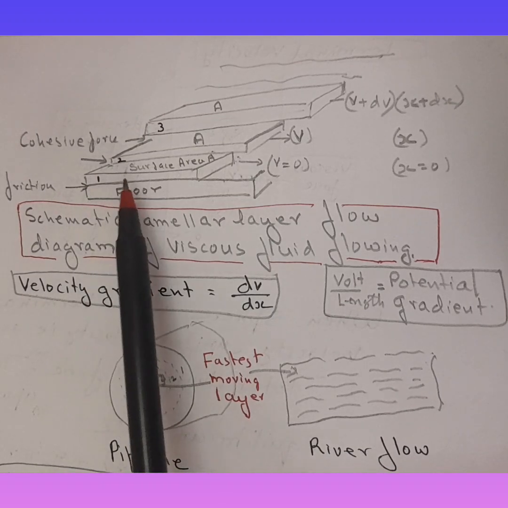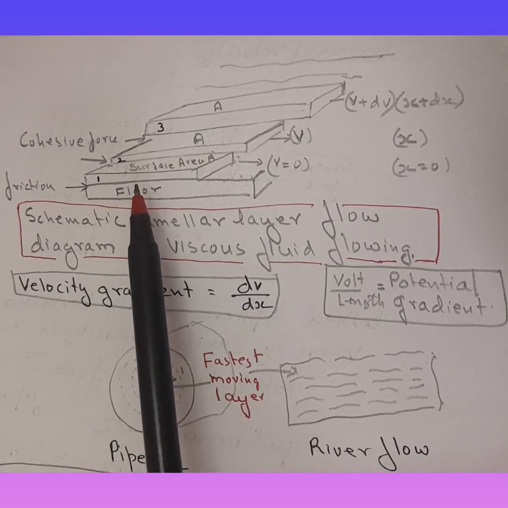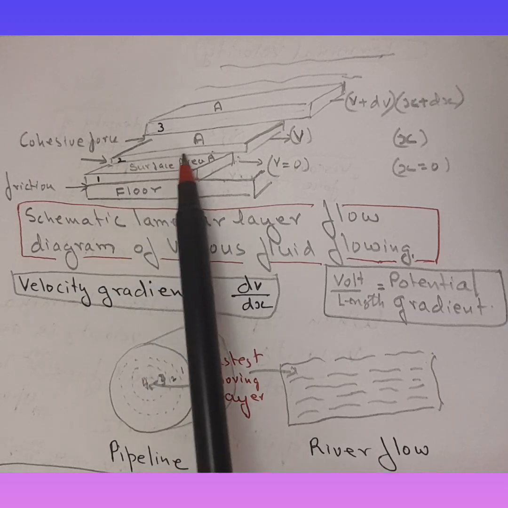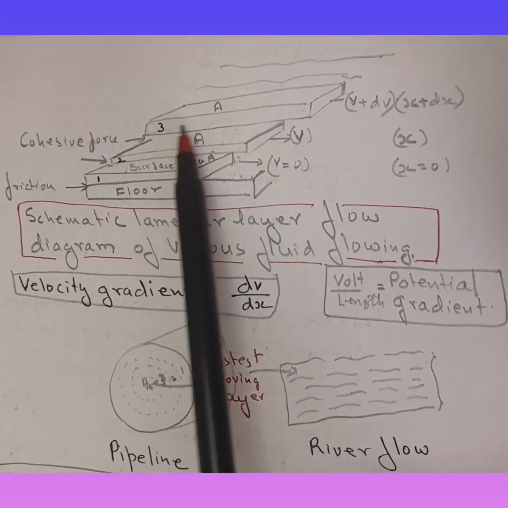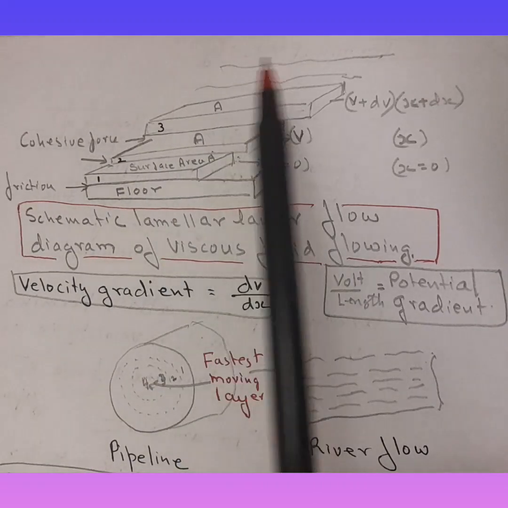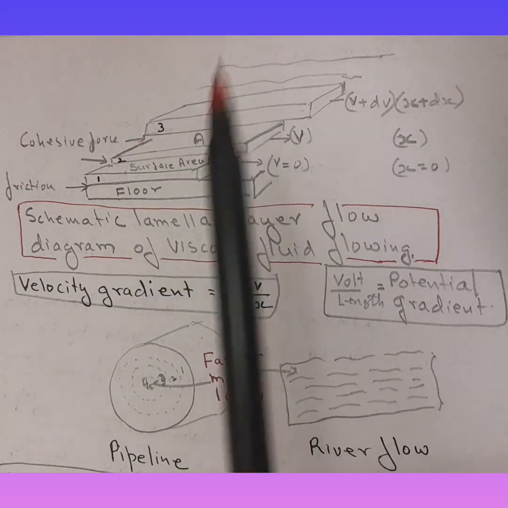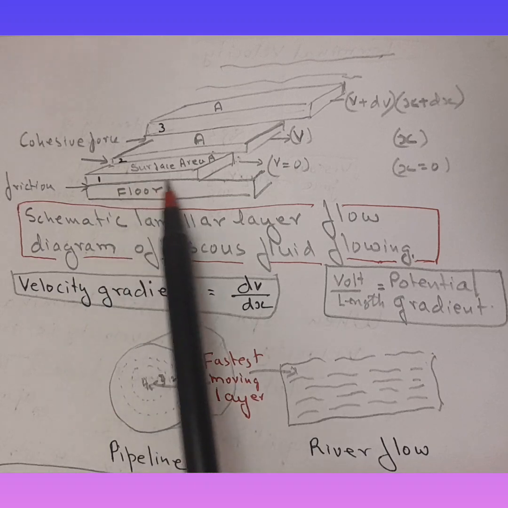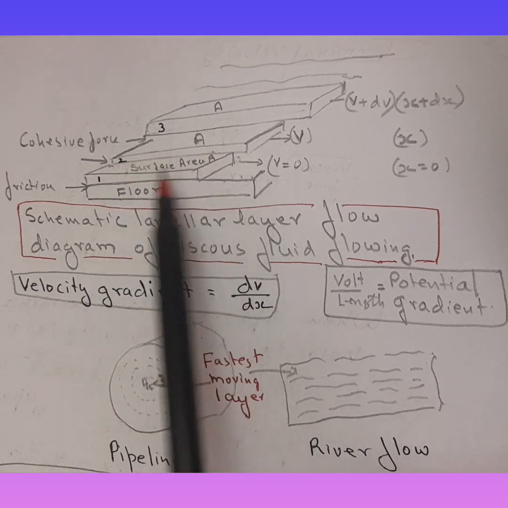That's all because the force of adhesion doesn't let it move, and at the same time friction also doesn't let it move. Now let's talk about the second laminar layer and third, fourth, fifth, and sixth laminar layer, and so on. Now what happens in the interlaminar layer?